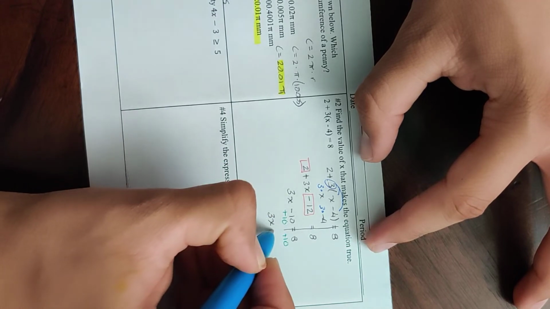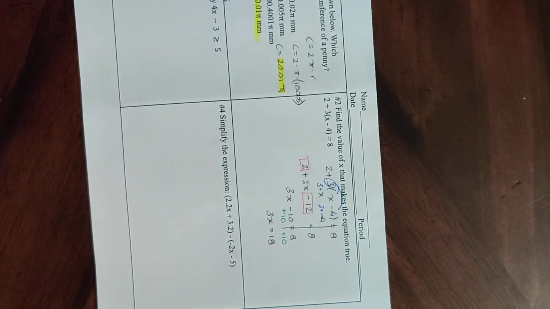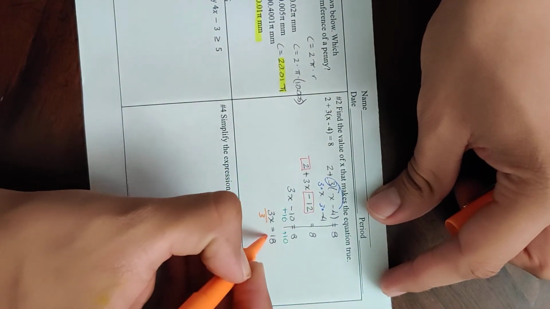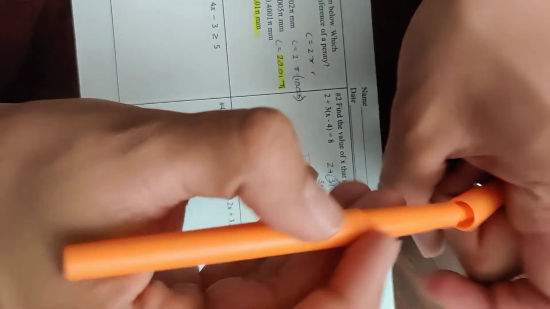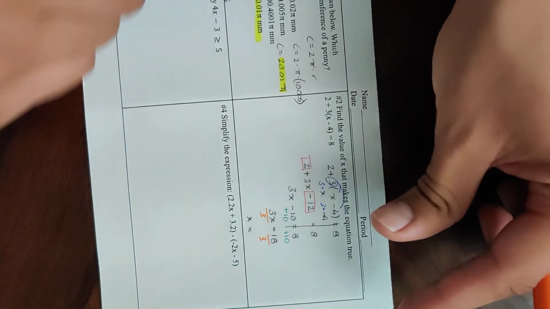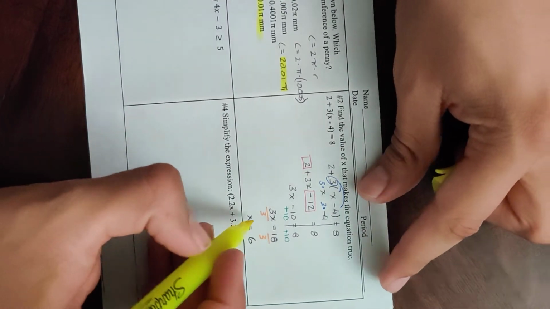I have 3x equals 18, and I'm almost there. All I have to do now is divide by a coefficient of 3. 3 divided by 3 is just 1, or x. And 18 divided by 3 is 6. Alright, the answer is 6.